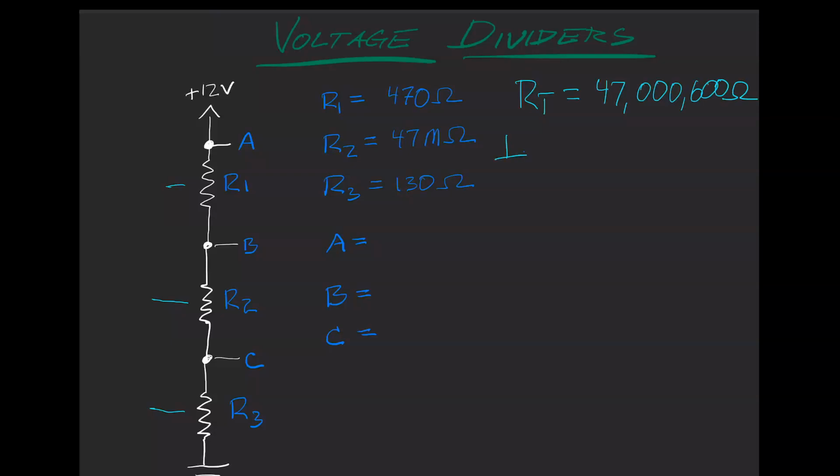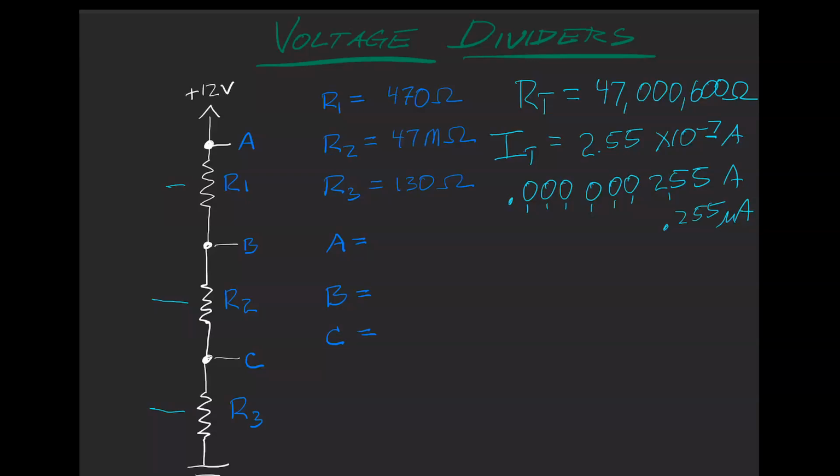And our current, if you do the calculation, is 2.55 times 10 to the negative 7th amps, so it's 0.255 microamps. That's my total current.